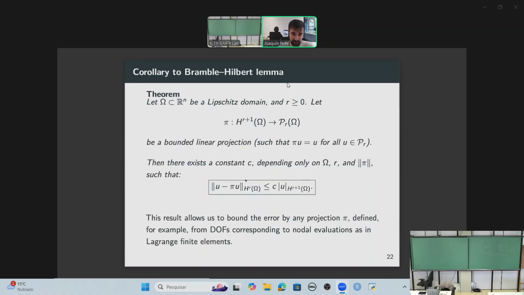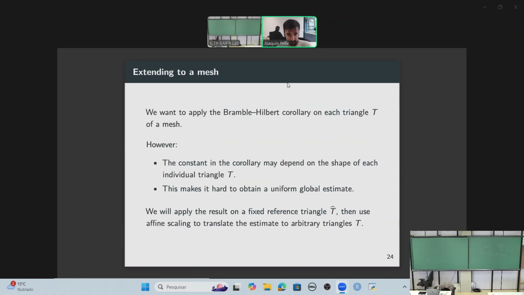And going back to the corollary, I put a box here because it's a very important result. This is what we were trying to get to, and this is what we are now going to apply to our mesh. The way that we are going to apply it to a mesh is not completely straightforward, right?